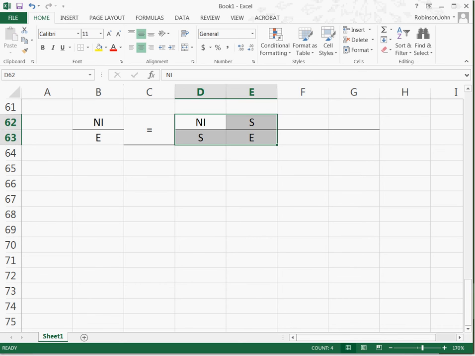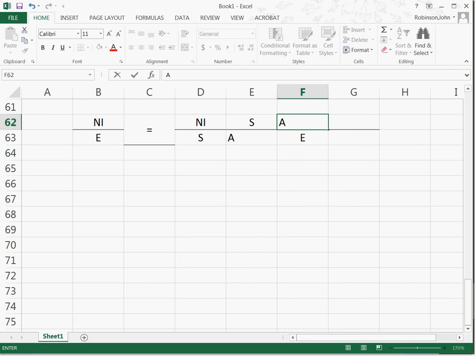So return on equity is equal to, that's how you do that, put a little apostrophe in front. Return on equity is equal to profit margin times total asset turnover. And we call this the equity multiplier. Profit margin times total asset turnover times equity multiplier.